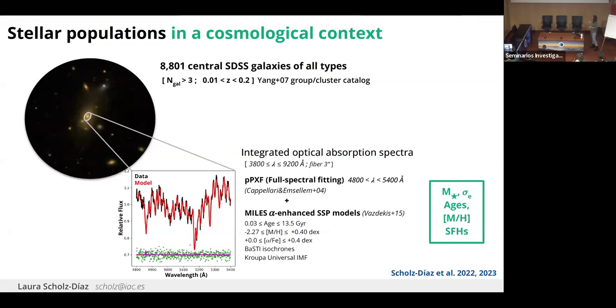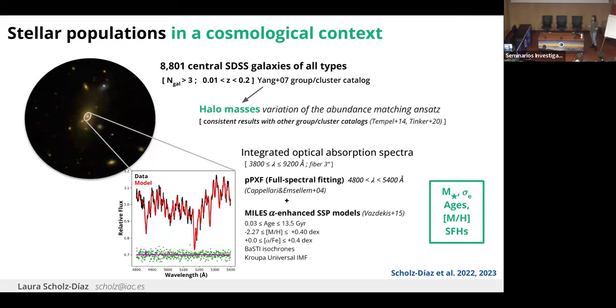And we combine these stellar population measurements with halo mass estimations from the group and cluster catalog. So basically, we selected central galaxies that are in groups or clusters with more than 3 members in order to have more reliable halo mass estimations. We compare in our work halo masses coming from different group and cluster catalogs based on different methods.